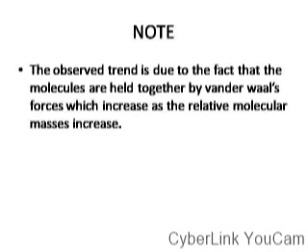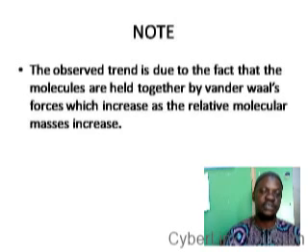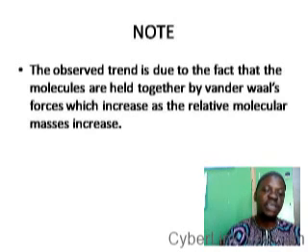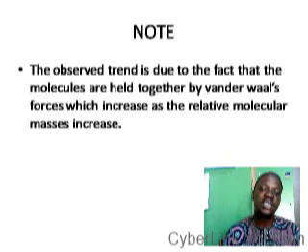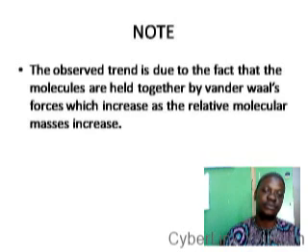Now, what is responsible for the trend, especially in boiling point and melting point, that you have just looked at? The melting point or the boiling point of a substance has to do with the type of force that holds the molecules together.